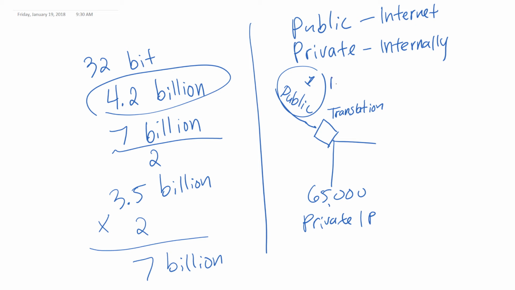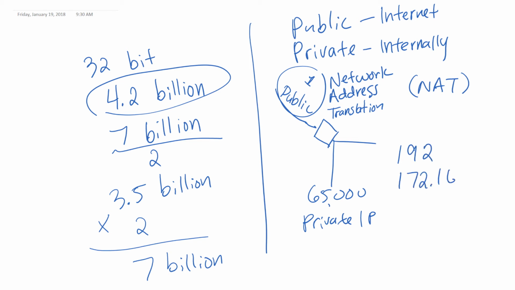This translation is called network address translation, or NAT, and it's how most homes are getting out on the internet in today's world. If you look at your IP address from your home, it will probably, as I said, start with 192, 172.16, or 10. Now, these 2 are more common in the corporate world.